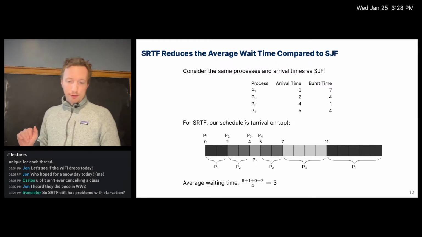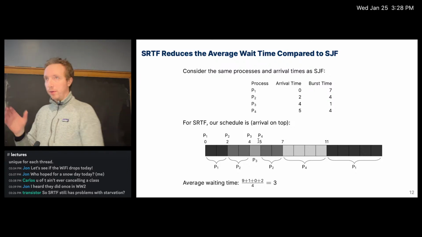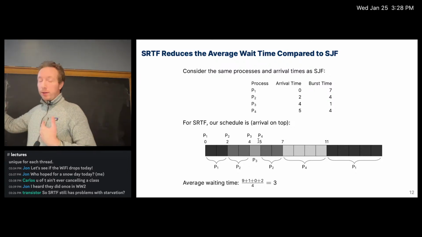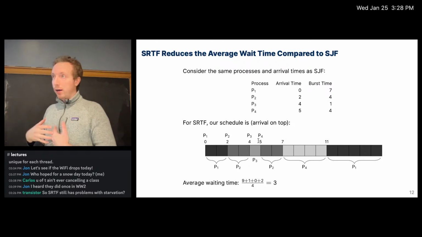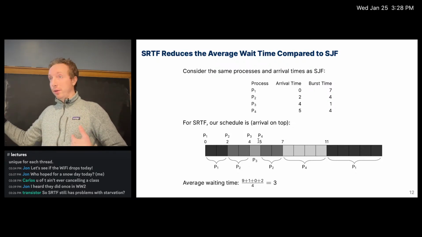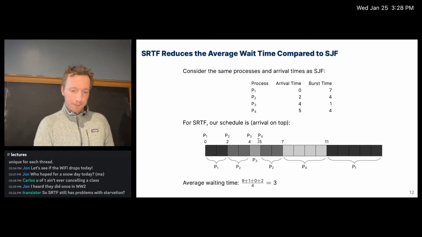So in this case, P4 finished at 11 and started at 5. So in total, the total time it was there was 6 time units. And if you subtract out the burst time, the thing you're left with is its waiting time. It was there a total of 6 time units. It executed for 4 of those, so it waited for 2.